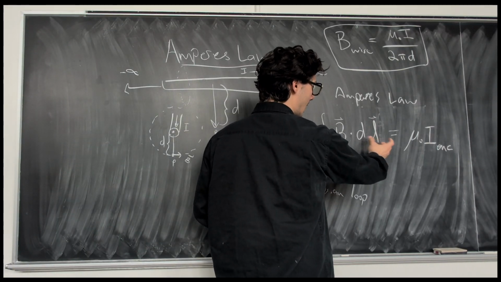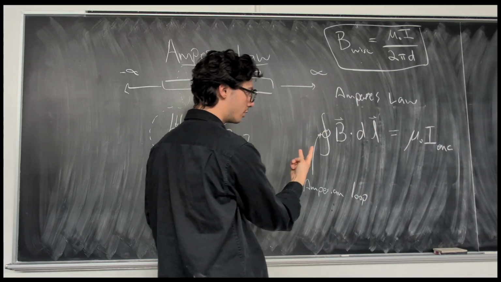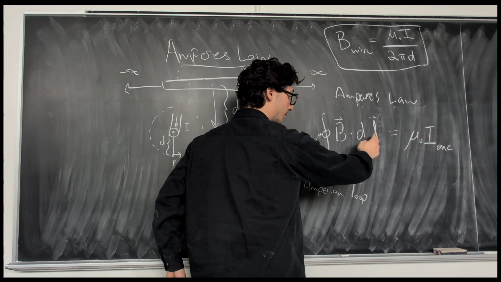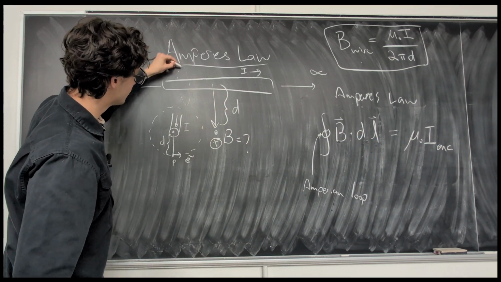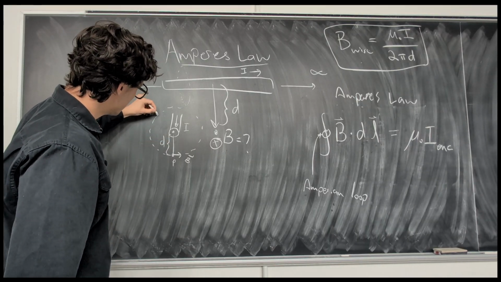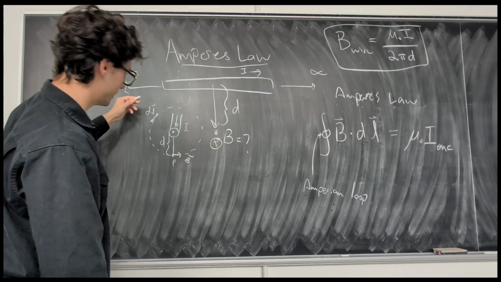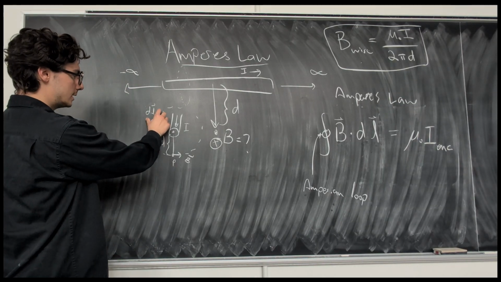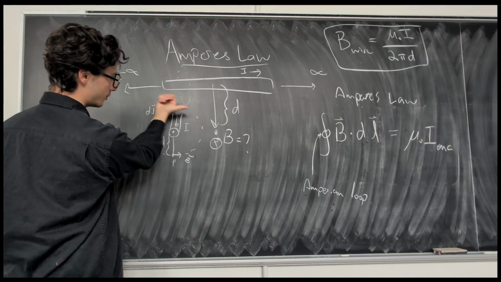This dl, now we're going to define it. I just said that this Amperian loop is a two-dimensional object defined by a one-dimensional edge. This is the one-dimensional edge, just the boundary of the circle. At each point on this edge, we want to create a little dl with directionality. You can choose this dl to be facing this way, counterclockwise, or this way, clockwise.